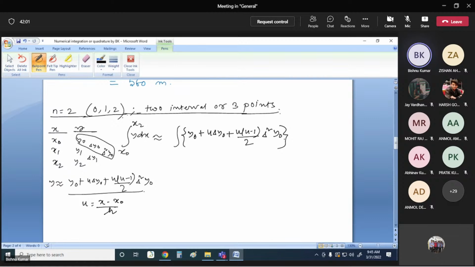So try to do this rearrangement and take common h outside. That 3 outside will give you h by 3, and the inside value will be y0 plus 4y1 plus y2.